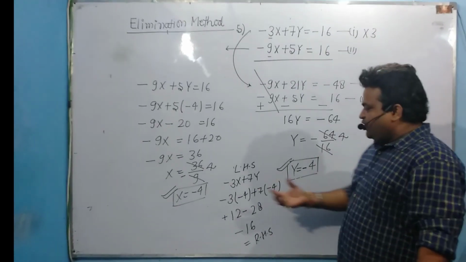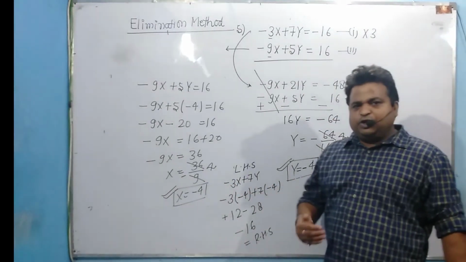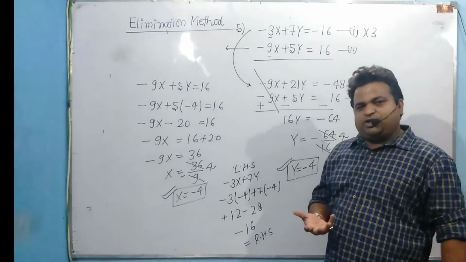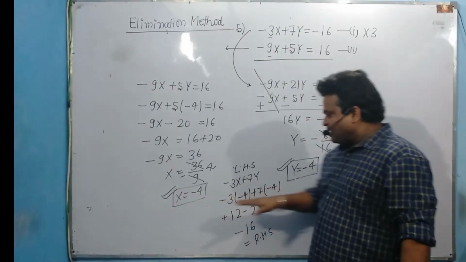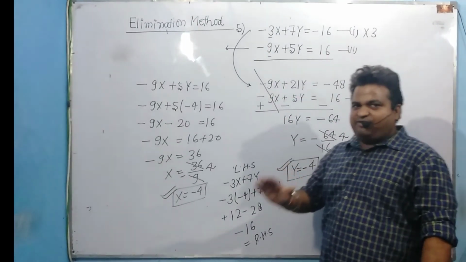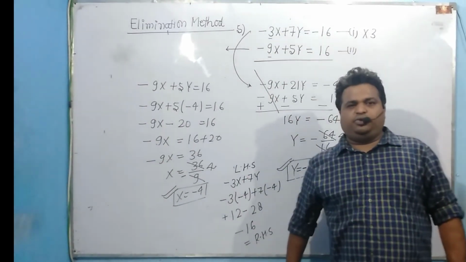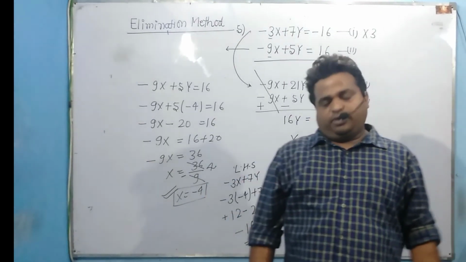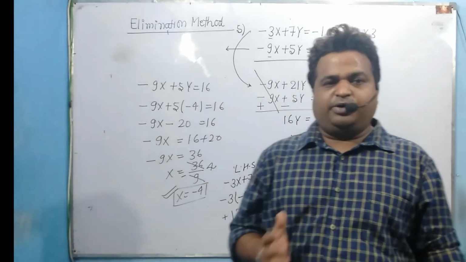And after calculating the x value and y value, you need to check whether your answer is correct or not. So how can you check your solution? You simply put the x value and y value in either equation 1 or 2. If the left hand side value is equal to the right hand side value, it means your solution of the equations is correct. So this is all about the elimination method.